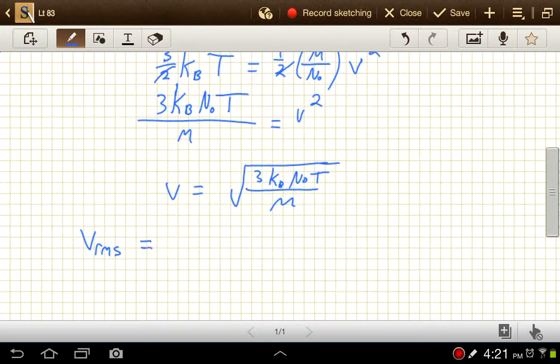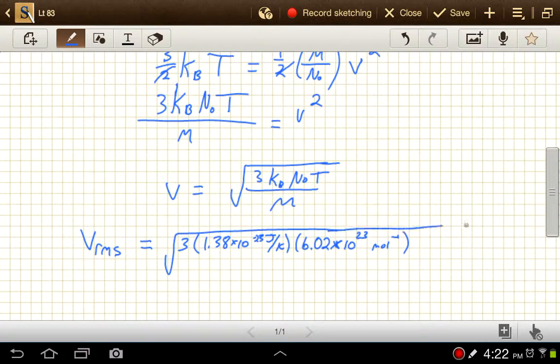It's a little bit cumbersome to write this out because we've got the 3 and then Kb, which has a value of 1.38 times 10 to the negative 23rd joules per Kelvin, and then N naught, Avogadro's number, is 6.02 times 10 to the positive 23rd, in moles to the negative 1 power, times T divided by the molar mass.